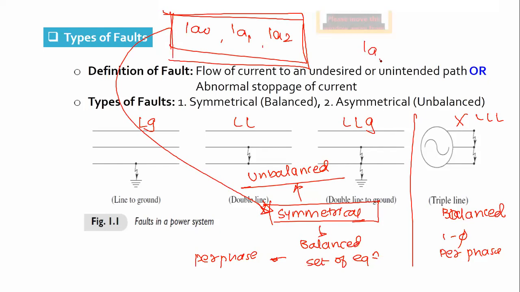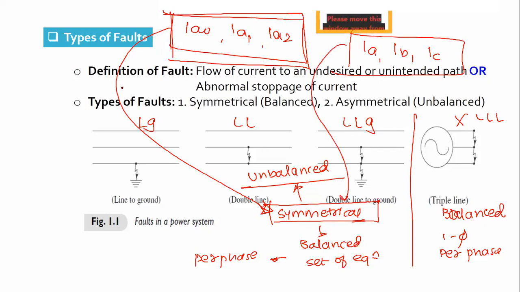There will be IA, IB, IC. But we apply some mathematical technique over this and derive these components, which have a very similar effect to the actual phase quantities when we analyze, and that is why the analysis can be carried out using these components.